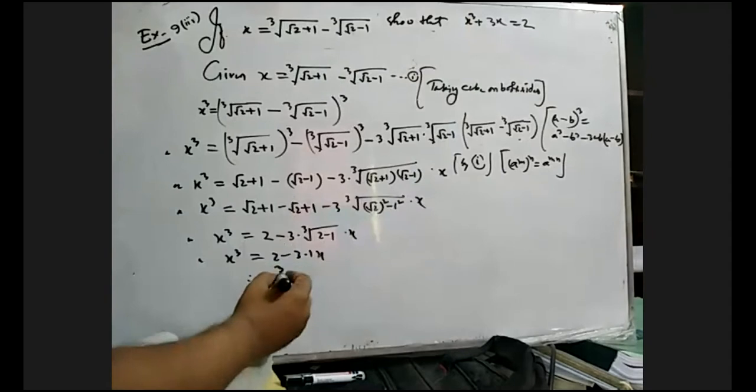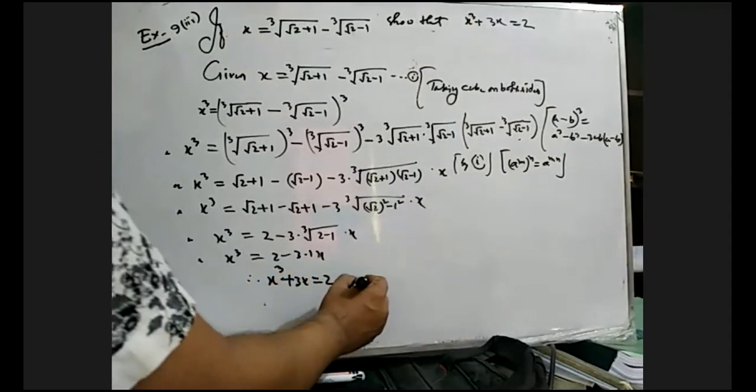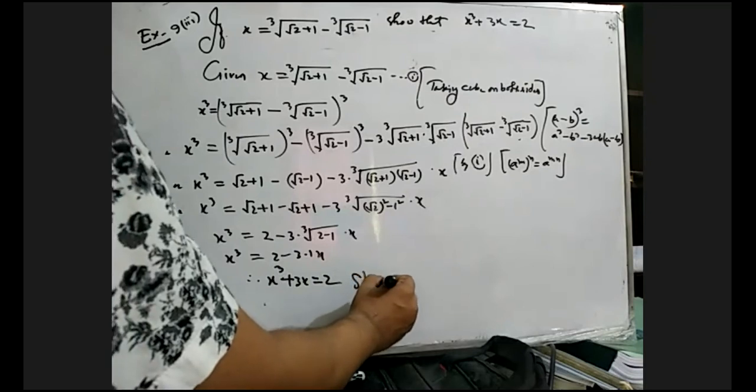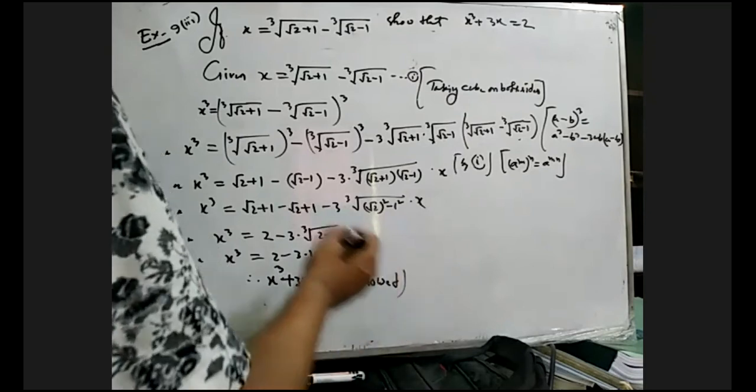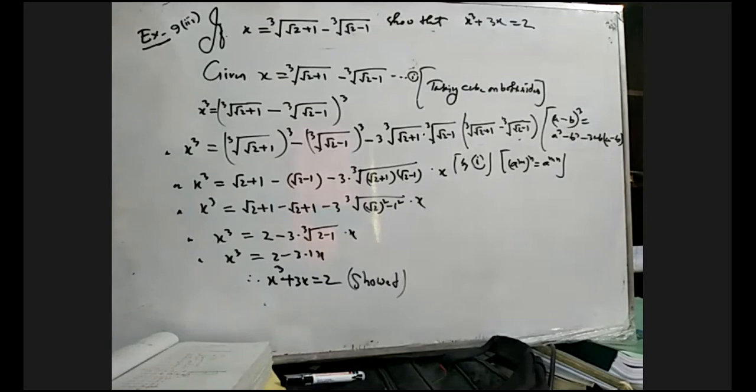There is a mistake, it should be minus thrice x equals 2. Very important example for you. Just taking cube on both sides and the a minus b whole cube formula: a cube minus b cube minus thrice ab into a minus b.